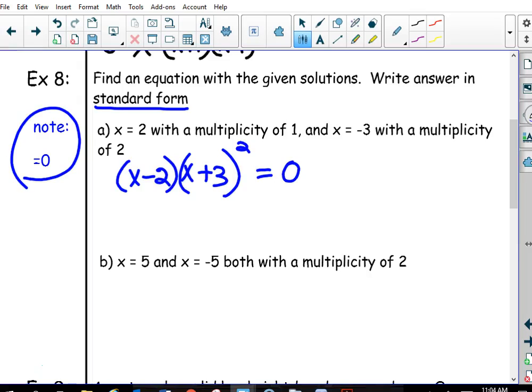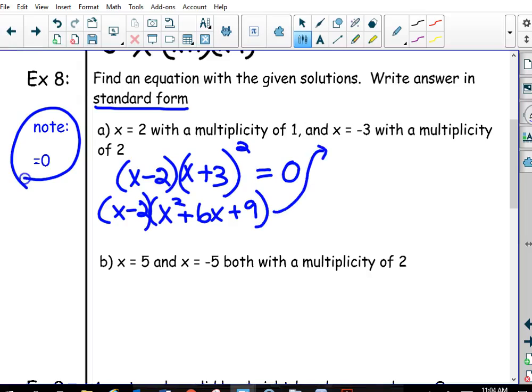Now, simplifying this is a little bit of algebra calisthenics. I'm going to square x plus 3. I get x squared plus 6x plus 9. And now I'm going to multiply it by x minus 2. So x times x squared, x to the third, plus 6x squared plus 9x.